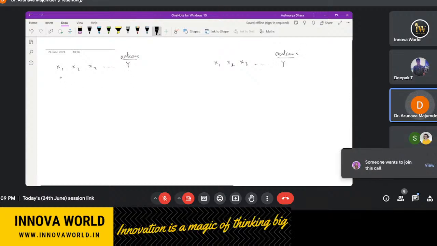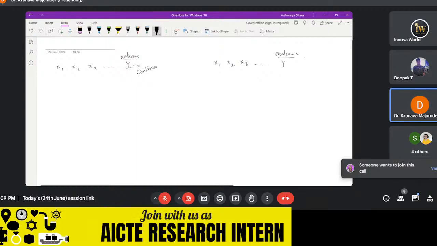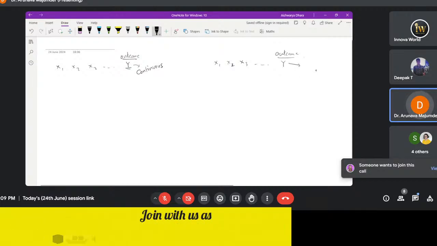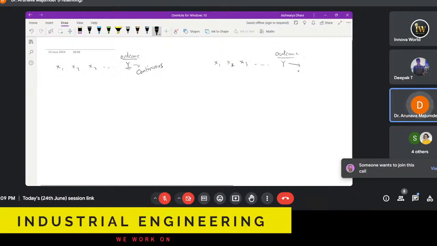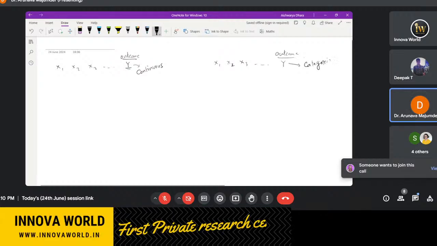Okay, in one case, this outcome variable is continuous, and in another case, the outcome variable is either discrete, or you can say multinomial, or it is categorical basically. Categorical means there are some categories.